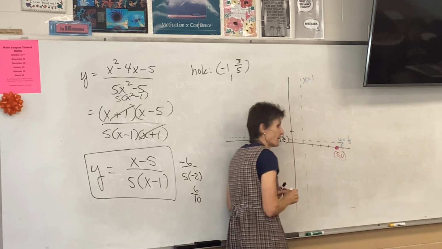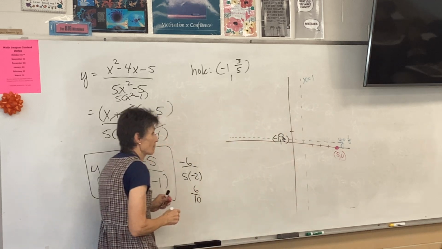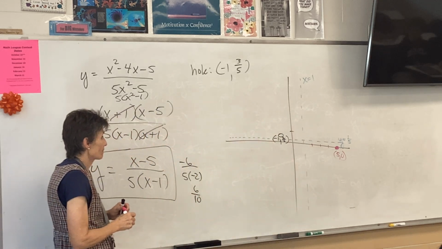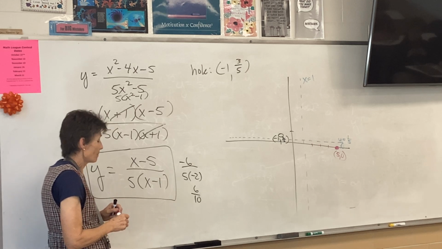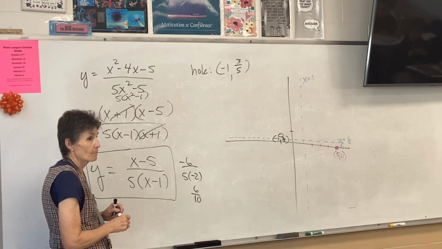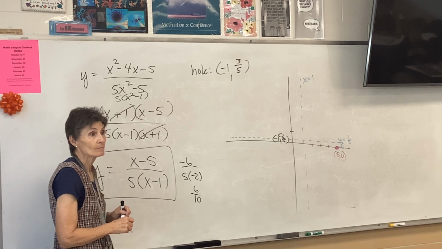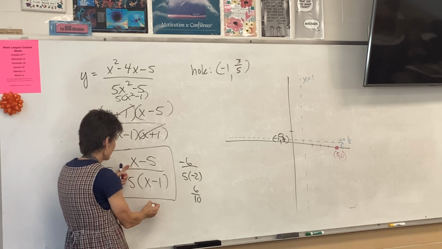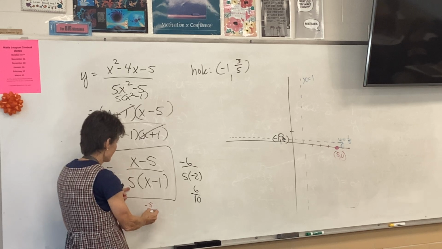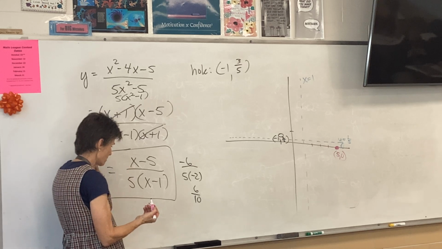Pictures starting to come together. How about a y-intercept? How do I find it? It's 1. I put in 0, so I'm gonna get -5 on the top and 5 times -1. Do I get 1?